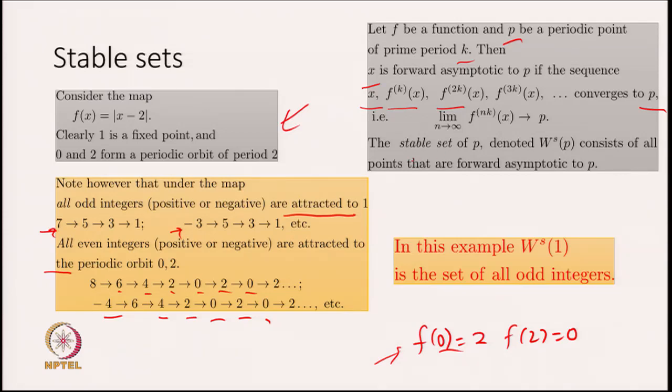The stable set of p is denoted Ws of p, and it consists of all the points that are forward asymptotic to p.